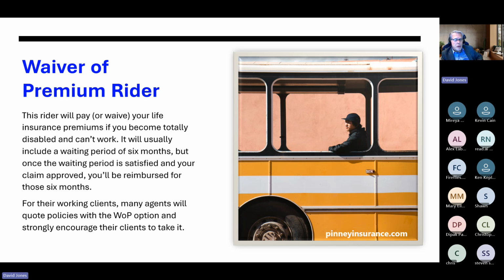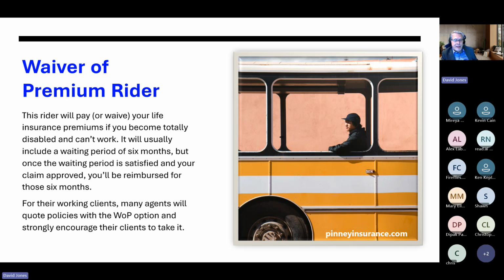It'll usually include a waiting period of 6 months, but once that waiting period is satisfied and your claim is approved, you'll be reimbursed retroactively to the beginning of the disability. For their working clients, many agents will quote policies with the WP option and strongly encourage that they take it. If they say no, I don't want it, okay, they can present both with and without, and they can see that it doesn't cost much more.